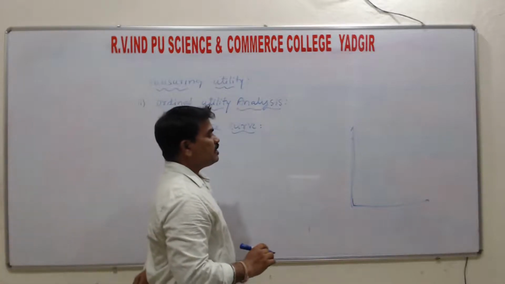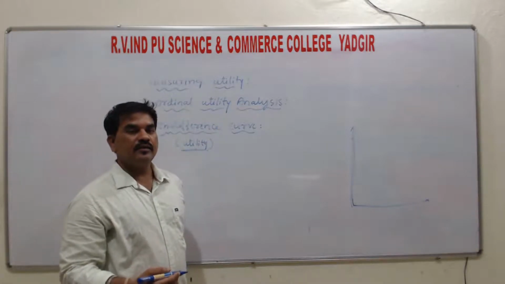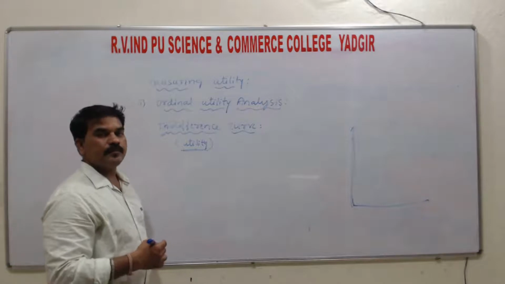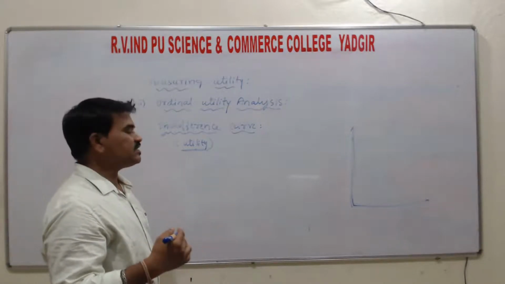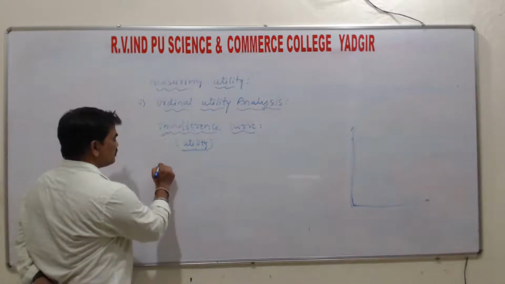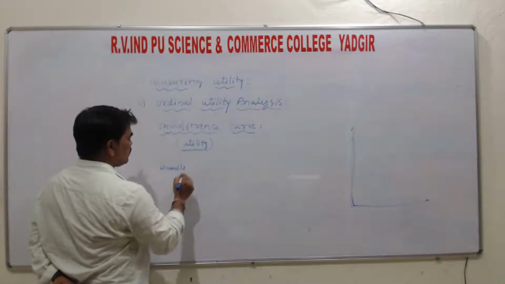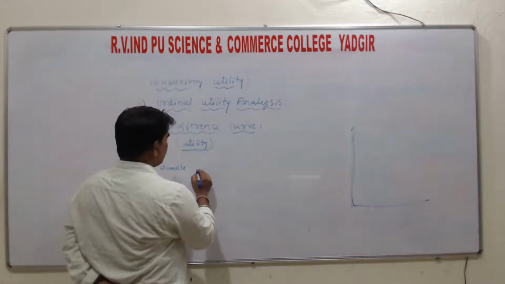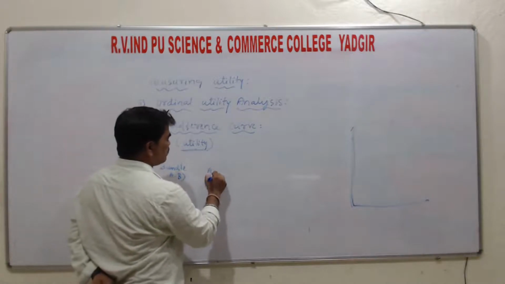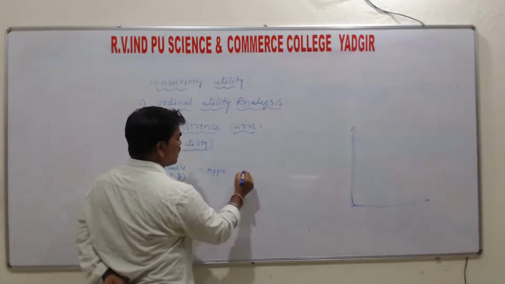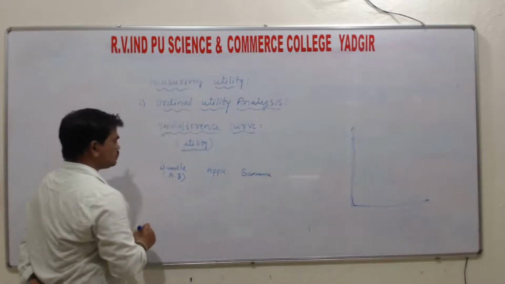It means that we will try to find a combination of goods and try to find out his satisfaction level. For example, the bundle is of two products, apple and banana, correct?